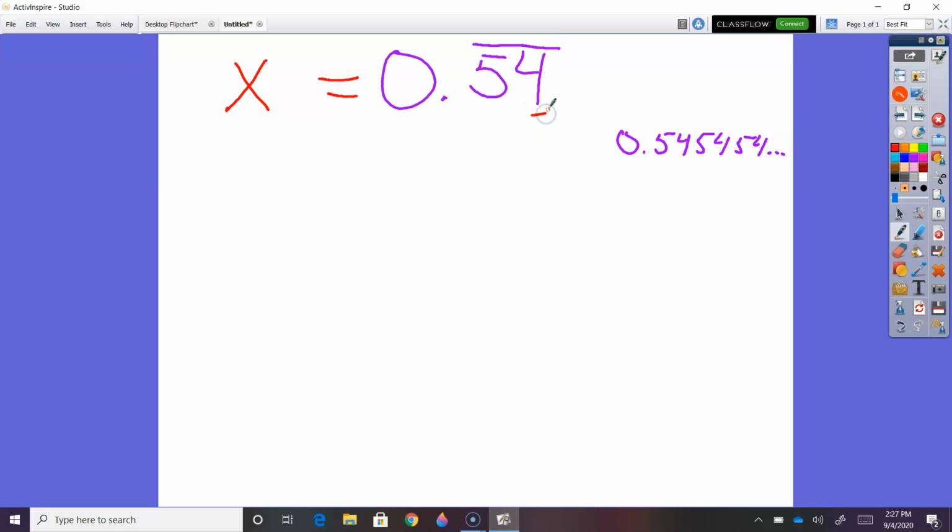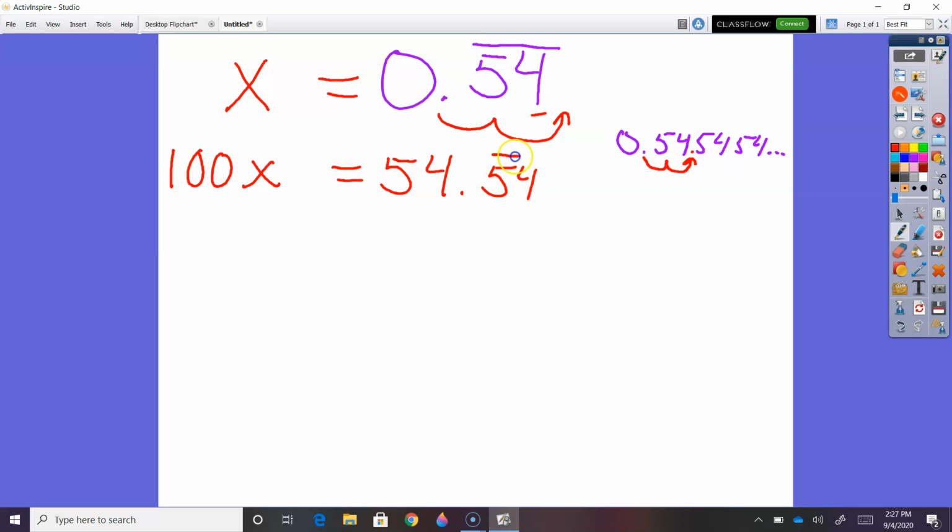Notice that that 4 is in the hundredths place value. So now I'm going to multiply both sides by 100. Move that decimal over 2 places to show that I'm multiplying by 100, so that gives me 54.54 repeating.